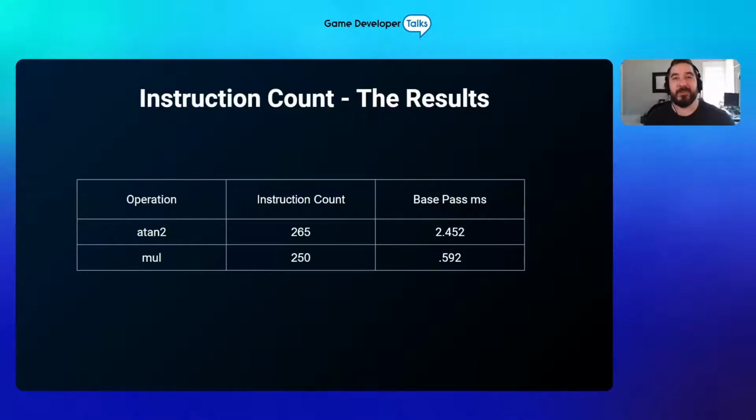And we get very different base pass timings for these two different materials. So 15 instructions does not equal 2 milliseconds in this case. And that's because if we go back to the shader bytecode, arctan2 ends up something like 120 cycles to do a single float for certain compilers, whereas multiply is 4 cycles, give or take.